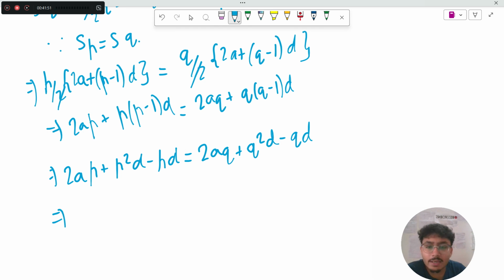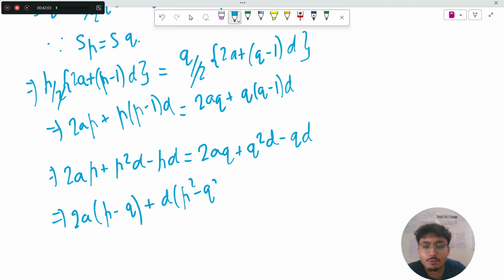If I take all the terms to the LHS, I take 2A common, so I'm left with P minus Q. Again, D common, so I'm left with P squared minus Q squared, minus D times Q minus P, equals 0.